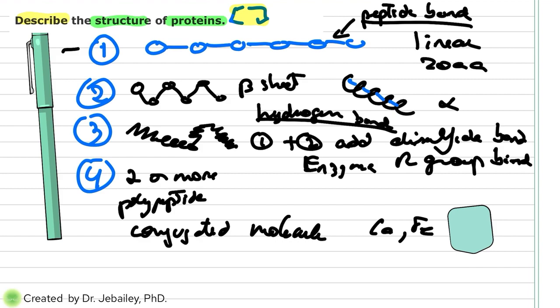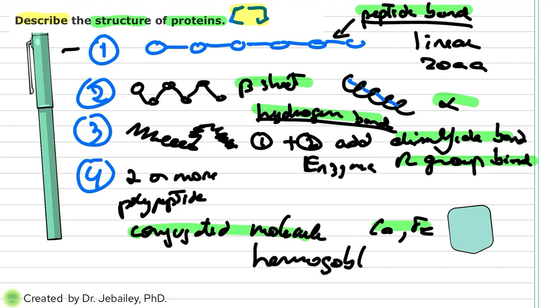That means in the quaternary, you have peptide bonds, hydrogen bonds, the alphas and the betas, disulfide bonds where R groups are attached, and the conjugated molecules such as calcium or iron. An example of that would be hemoglobin.